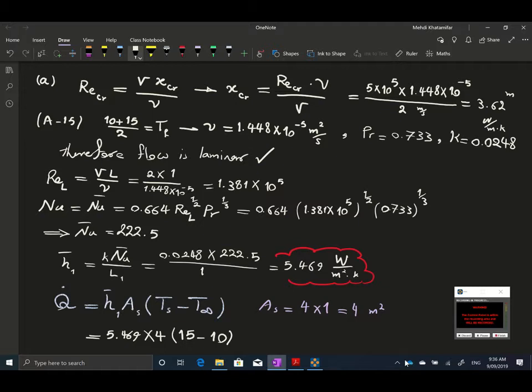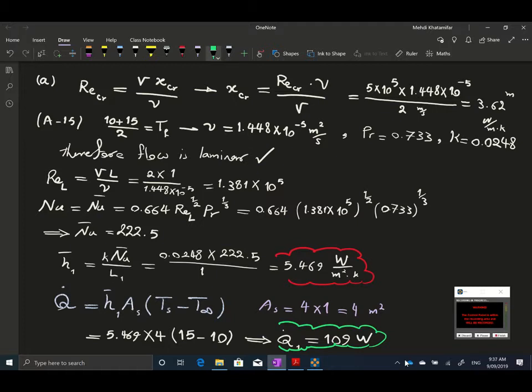So this is going to give us Q dot for the first plate, which is going to be 109 watt. So heat transfer rate is 109 watt.